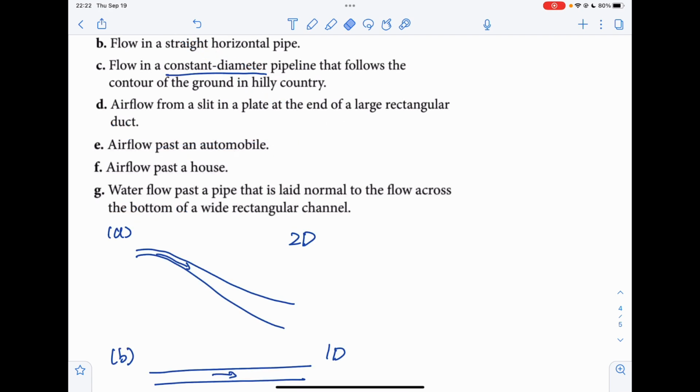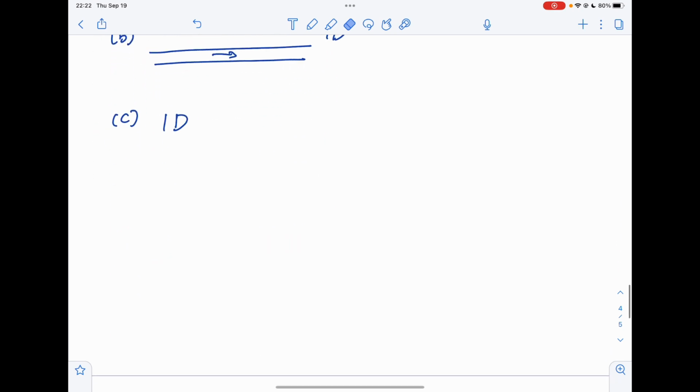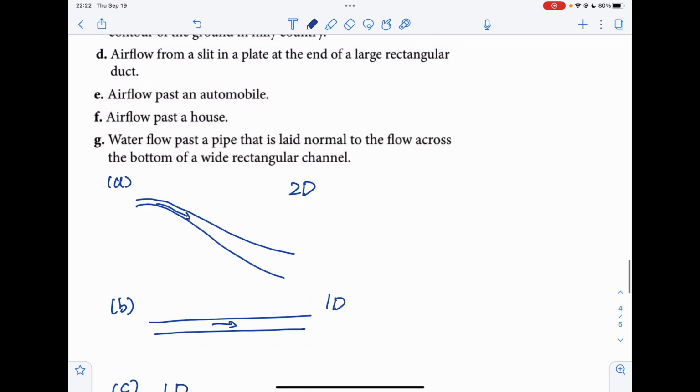For problem D, it says we have airflow from a slit in a plate at the end of a large rectangular duct. So it will be something like a slit, and we have airflow going out. So it will be 2D. Okay.